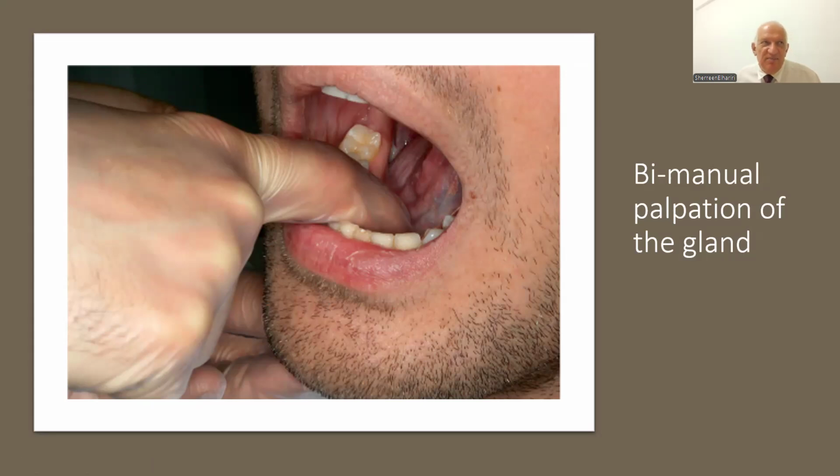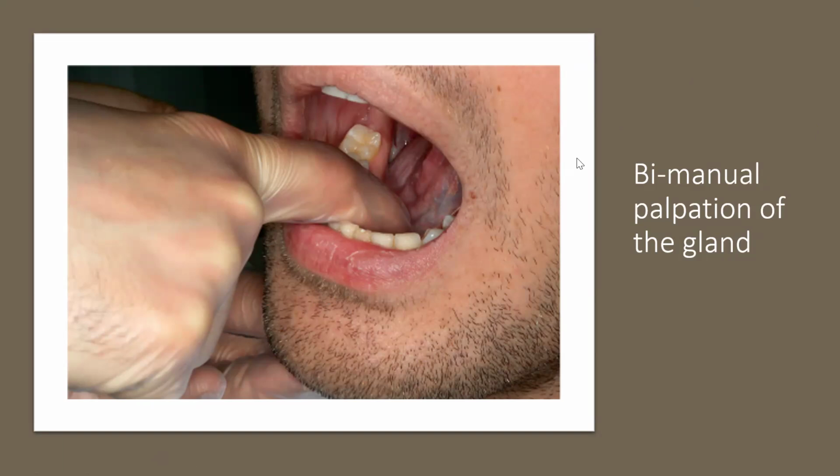If you feel a swelling with the outer hand, what could it be? It could be the submandibular gland or lymph node. No, if it is palpated from inside, it will be the gland. If palpated from outside, it is the lymph node. This is the value of bimanual examination. So you have one hand outside. If you feel it from outside and it rolls against the mandible, it is the lymph node.